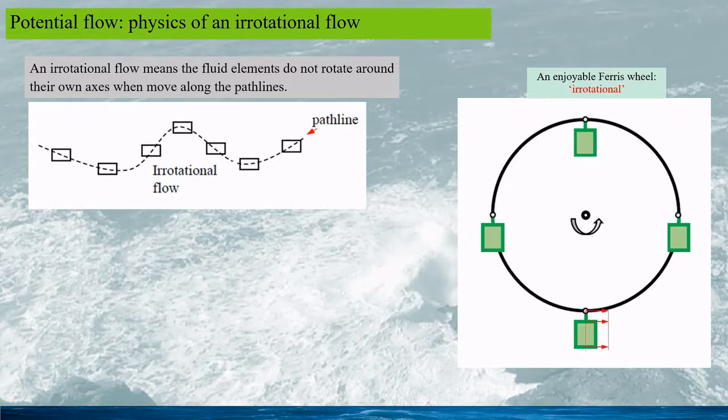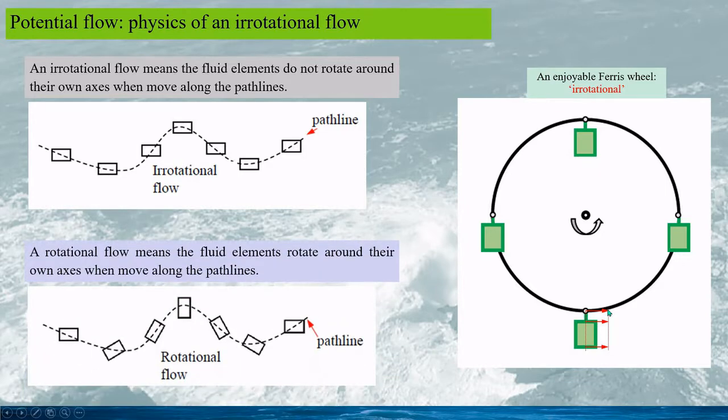The velocities of the different positions on the capsule are all the same as the velocity at the hinge. For a rotational flow, the fluid elements rotate around their own axis while moving around the path lines as this.